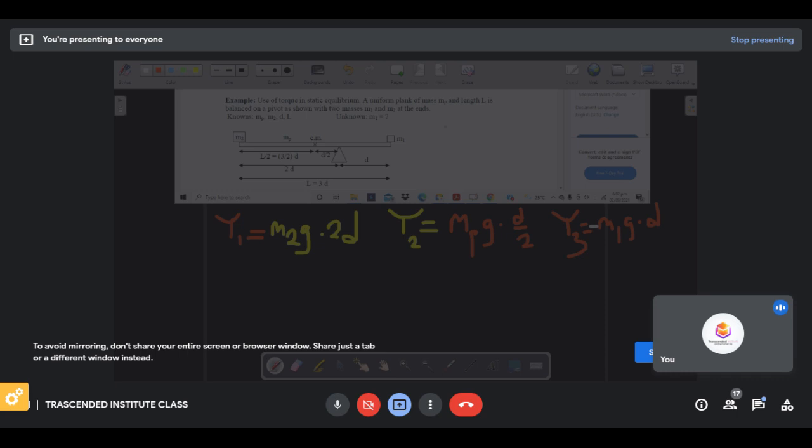Does it act upwards or downwards? Downwards. So now think of the pivot as the center of the clock. So now this one is going to be this way.